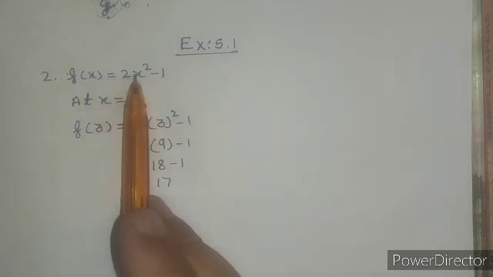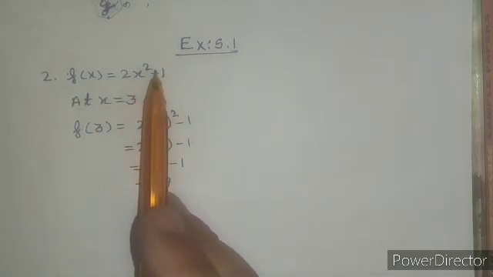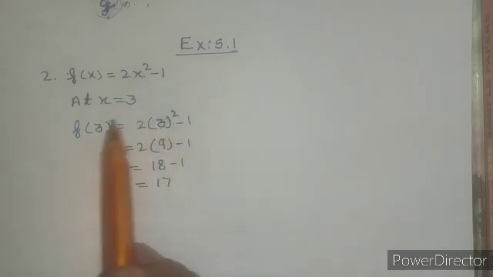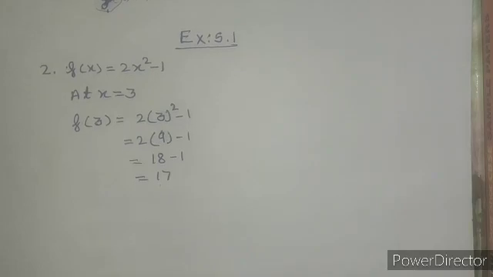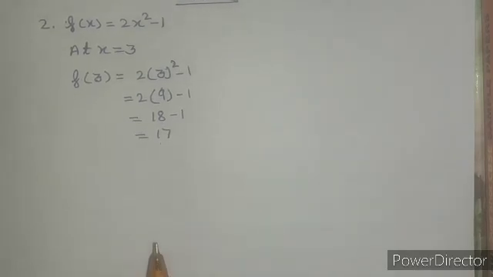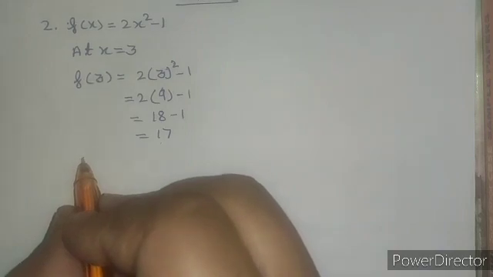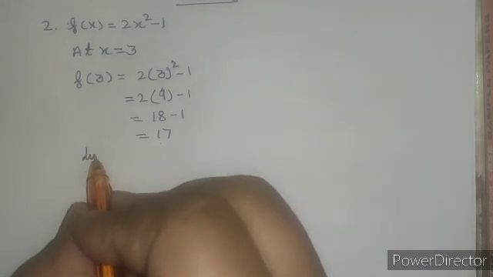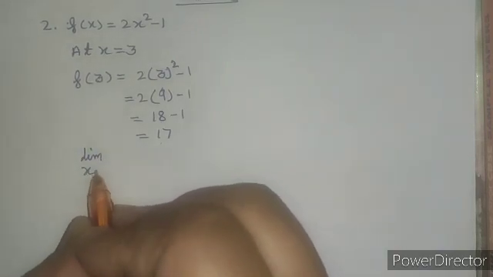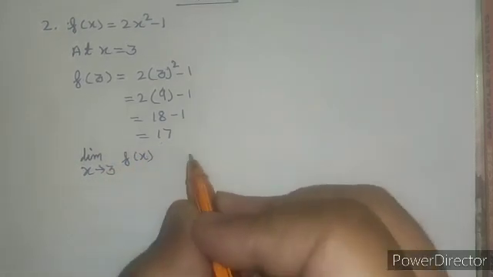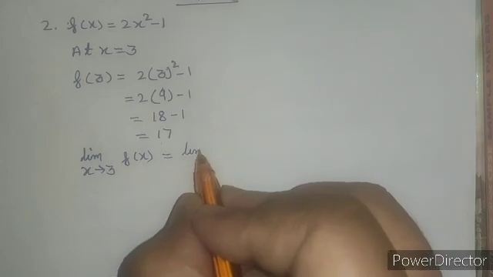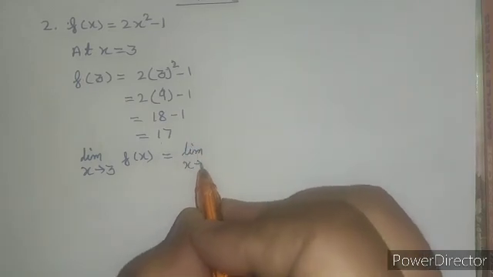f(3) will be 2 into 3 square minus 1. In place of x we will take 3 and that is equal to 17. Now after checking the value of the function at the point, we will take the limit of the function. The limit x tends to 3 f(x) will be equal to limit x tends to 3.